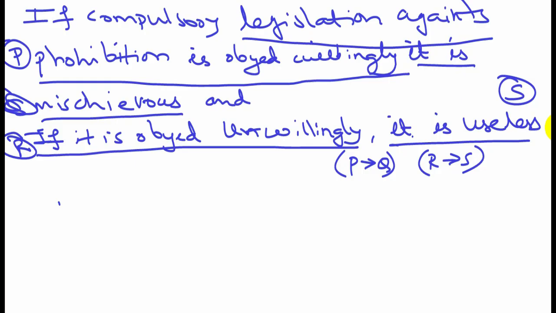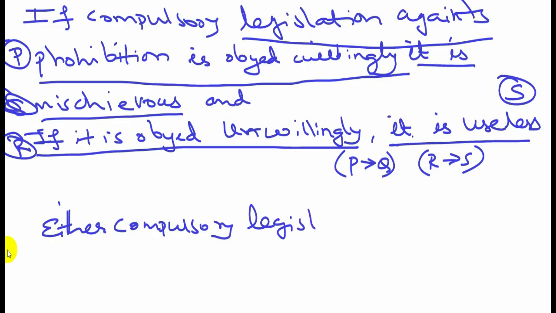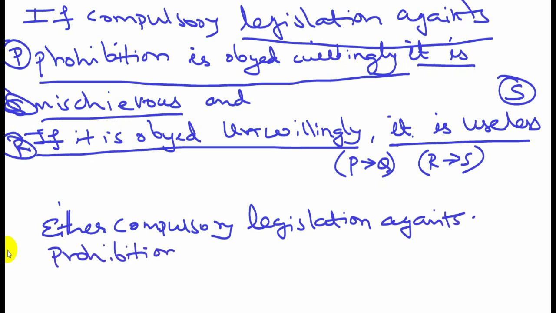So the minor premise would say: either compulsory legislation against prohibition is obeyed willingly or it is obeyed unwillingly.